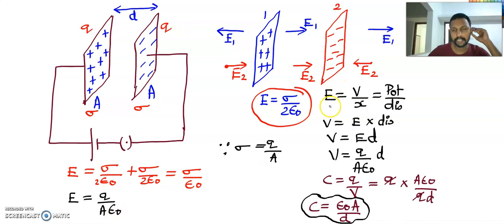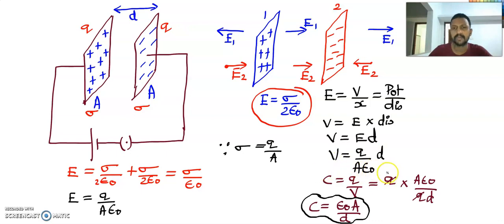Then, we know electric field intensity is equal to potential divided by distance. This is one basic relation that we learned in the previous classes. Therefore, we could write potential is equal to electric field intensity into distance. In this case, the distance is D. Therefore, electric field intensity into D. We could substitute the value of electric field intensity as Q by A epsilon 0 into D. Therefore, we know the value of potential.